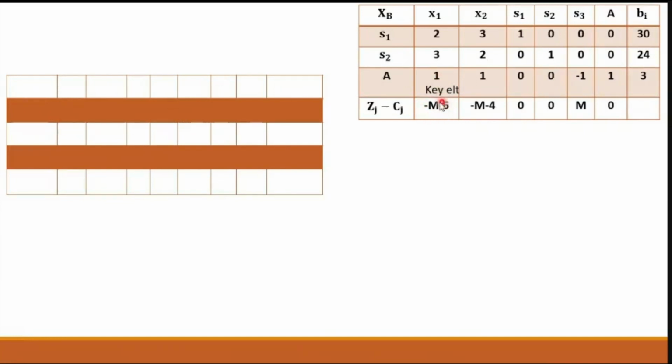And to make this 0, I'll take it as R4 plus M plus 6 into R3. So I have written all the 3 transformations. The third row will not change, that will remain as it is. Other three rows will change: R1 row, R2 row, and R4 row will change.